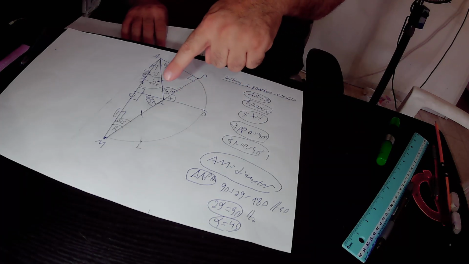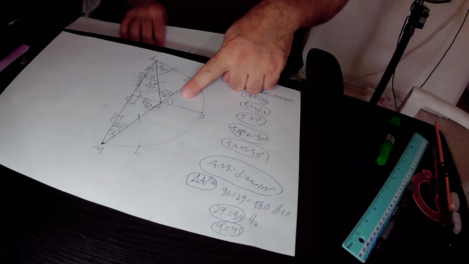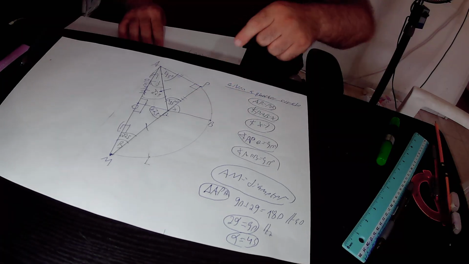Angle PQB is equal to x degrees in its size.